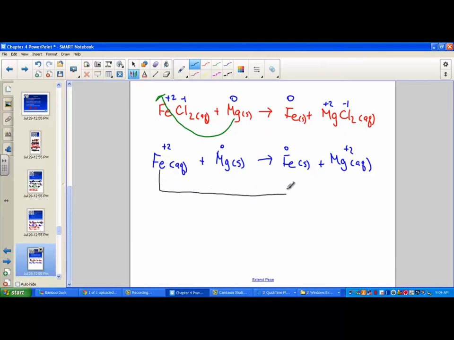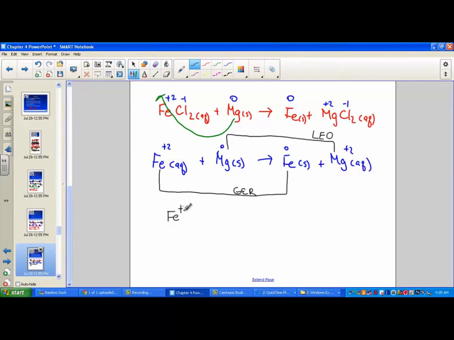Iron went from +2 to a 0. It is being reduced. Gaining electrons makes it become more negative. Magnesium started at 0, went to a +2. It is being oxidized. Losing electrons makes it become more positive. So we've identified our two half reactions, the oxidation and reduction.